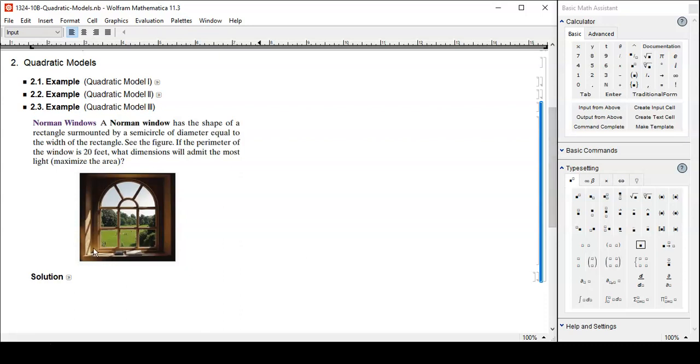So there is the width, and then this vertical height, left and right, and then the half circumference. That must add up to 20 feet. From there, you have to get area, and that'll turn out to be a quadratic model.